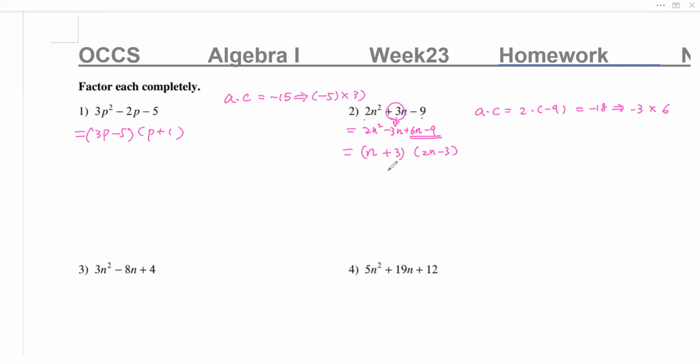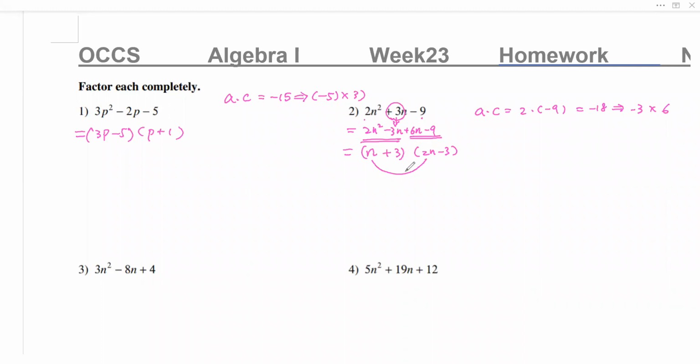So let's double check it. 2n squared, negative 3n, positive 6n, right? So you got a positive 3n and negative 9, right? Double check it. I know this is progress. Sometimes take a little bit, you can take an additional step, get the final progress. I skip some steps.